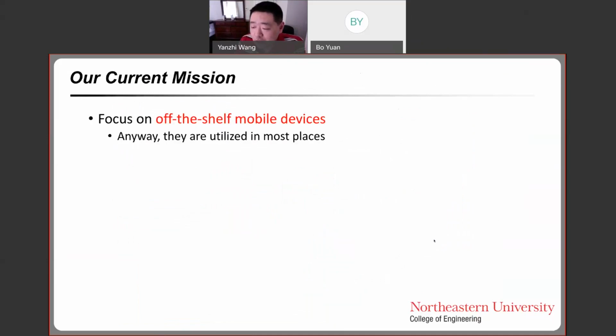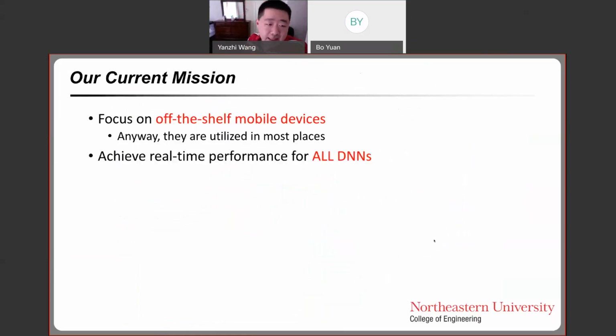So our current mission: we're not working too much on the hardware design these days. We are focusing on off-the-shelf mobile devices, like mobile phones, microprocessors, or auto-driving systems, because those kinds of mobile devices are used in most places.